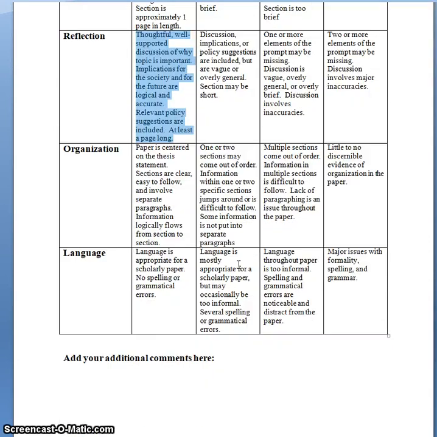the paper. Organization, I want to see it connect back to your thesis statement. I love being able to know exactly which of your points you're talking about. Use paragraphing, use the indents. And if I can just follow it logically, that's really what I'm looking for. I get questions sometimes about titles for sections. Those are great, but they're not required.